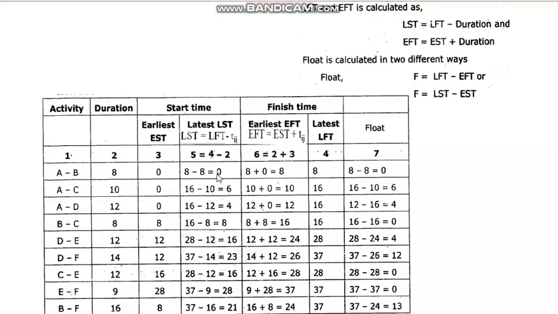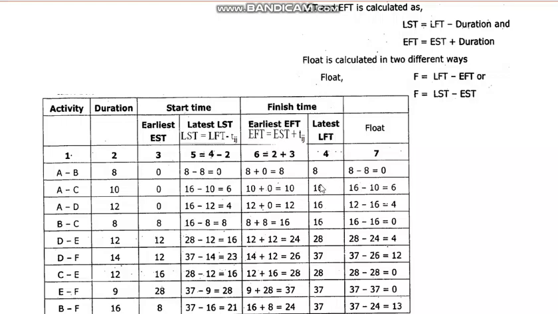Now we have to calculate for AC. You have to calculate the latest start time. Latest start time is latest finish time, that is 16, minus duration 10, which is 6. Earliest finish time is the second and third columns added, 10 plus 0 is 10.